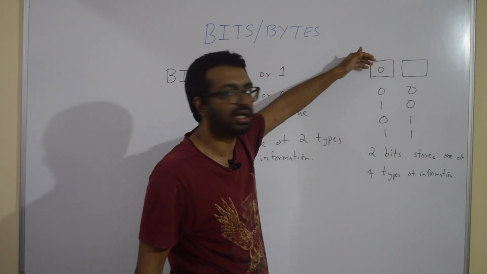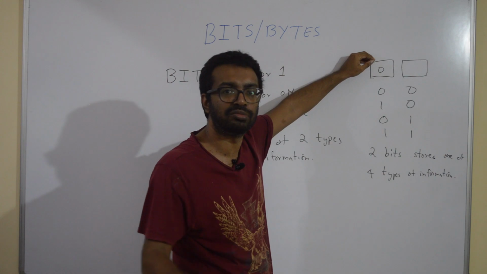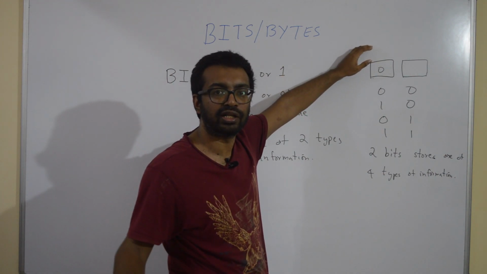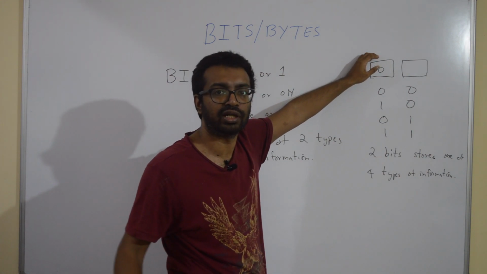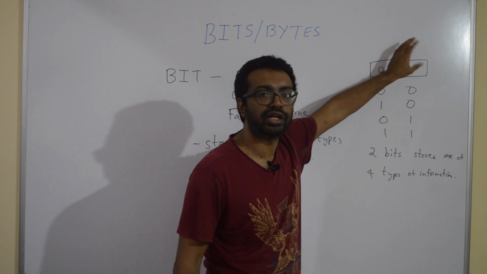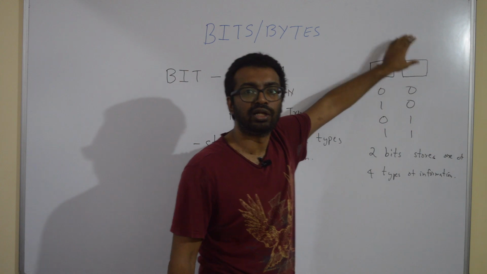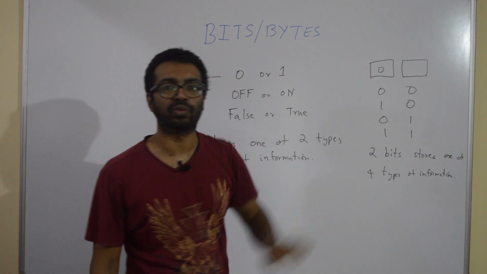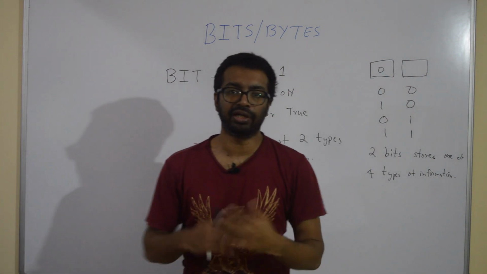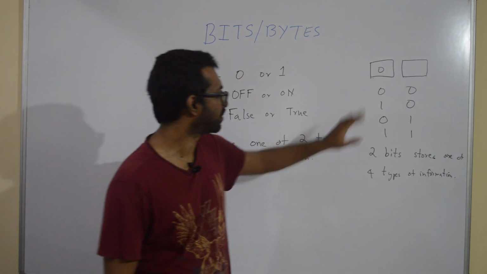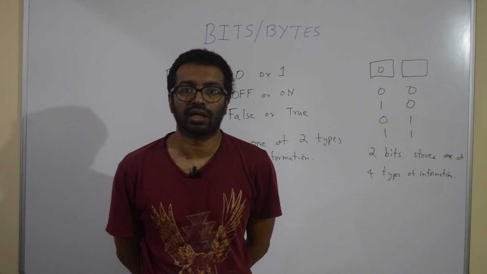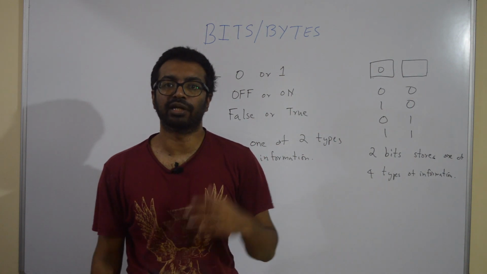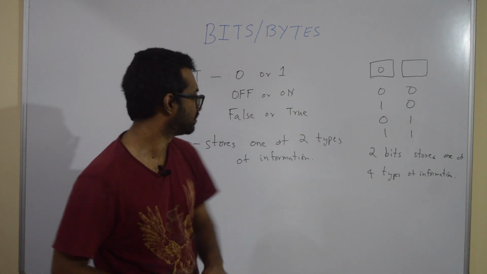I could put a 0 here and it's a new possibility, or I put a 1 here and it's a different possibility, right? Whatever amount of data was possible here can be doubled by adding one extra bit. So every extra bit basically doubles this value. 2 becomes 4, and if I have 3 bits, 4 becomes 8.